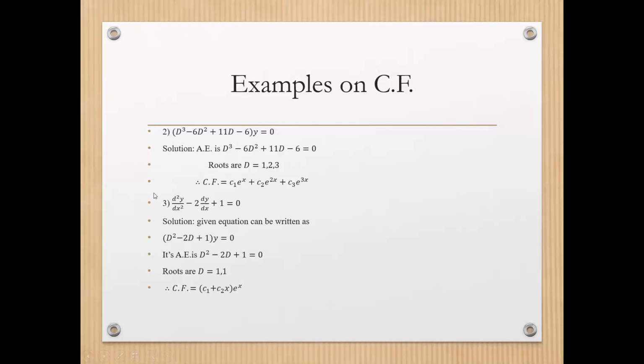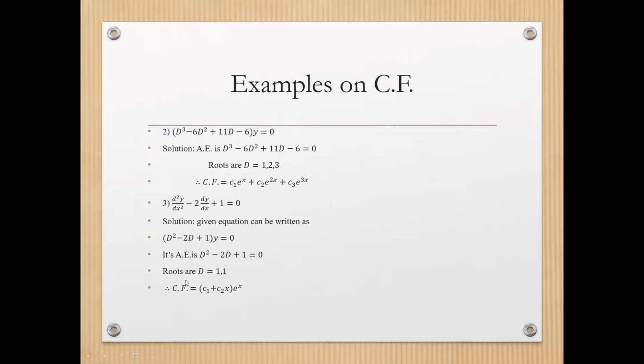So this equation can be written as like this: D square minus 2D plus 1 into y is equal to 0. D2y upon dx square is nothing but D square y, and dy by dx is nothing but Dy. So using that concept, we get D square minus 2D plus 1 into y is equal to 0.